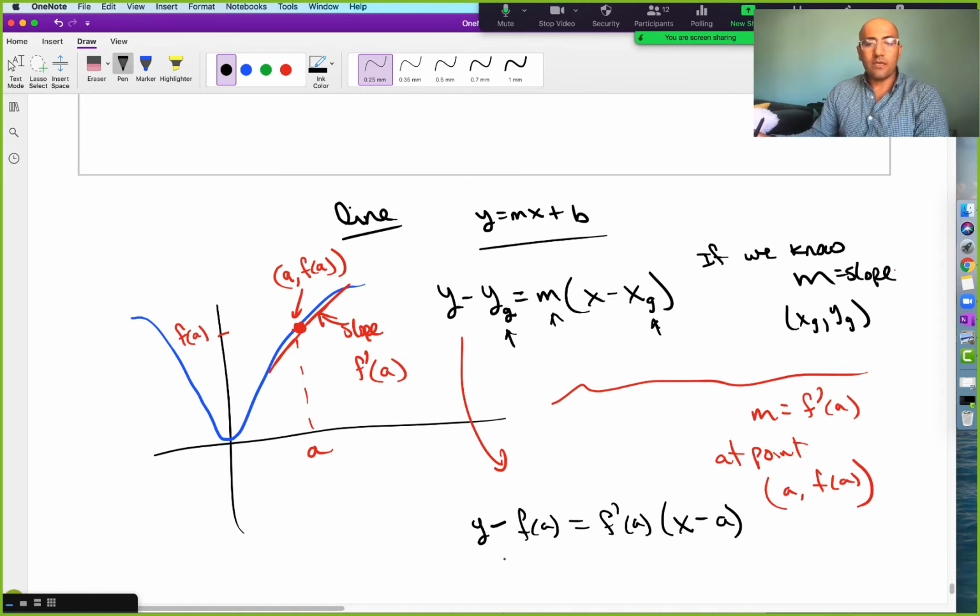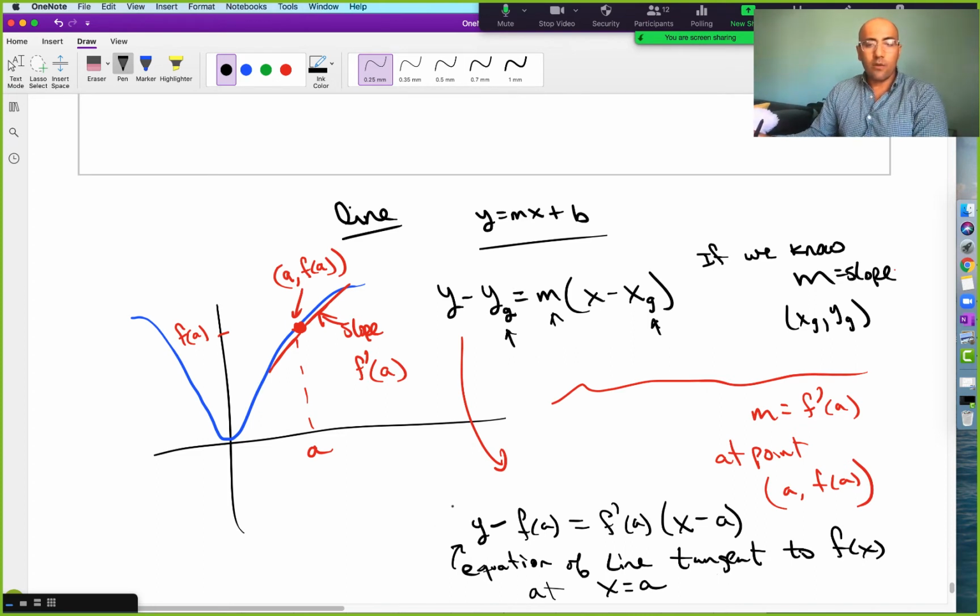This is going to be the equation of the line tangent to f of x at x equals a. Good. So I want to use this little formula we just came up with to put it on my graph so that I can visually see that.